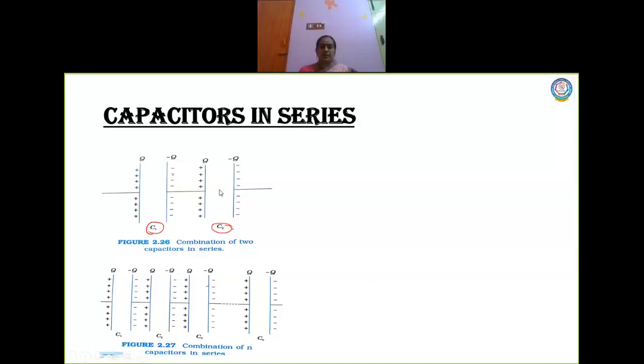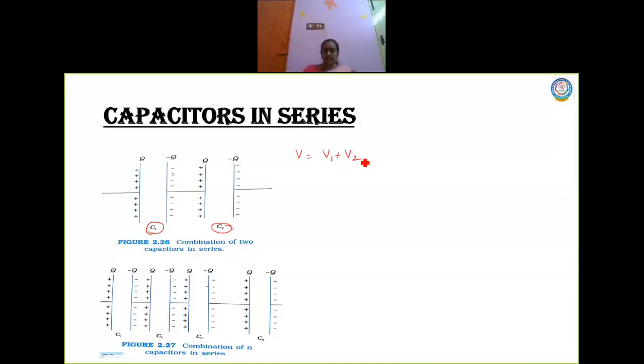The charges will remain the same, and the two capacitors are connected in series, which creates an electric field, right? So the total potential drop, which is V, across the combination will be equal to V is equal to V1 plus V2.